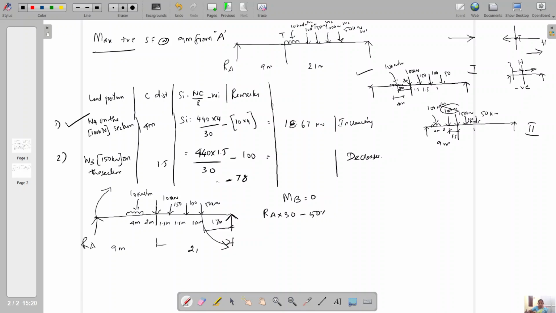So 50 into 17, the edge distance, minus 100 into 17 plus 1, so this is 17 plus 1, that is 18, plus 150 into 18 plus 1.5, 19.5, plus 100 into again 1.5, 21.